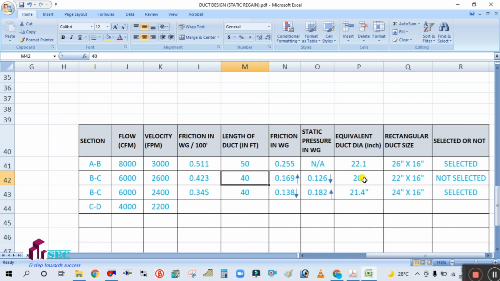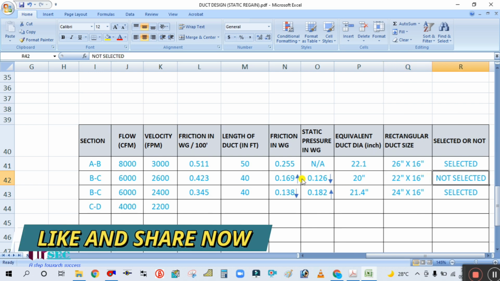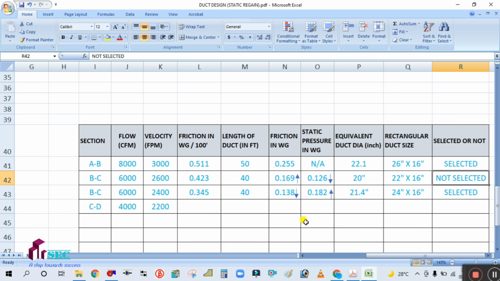The equivalent duct diameter is 20 inch and the duct size is 22 by 16 inch. That means it is not selected, because the static pressure is less than the friction loss. That means there is no regain and your air will not move. Your static pressure must always be greater than the friction loss.